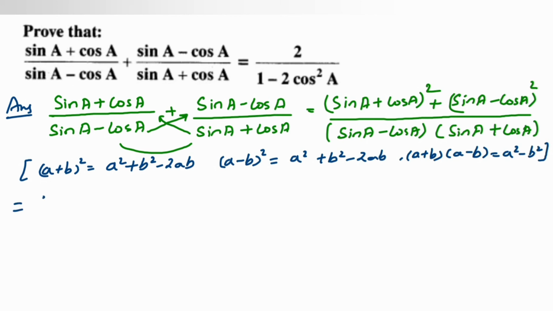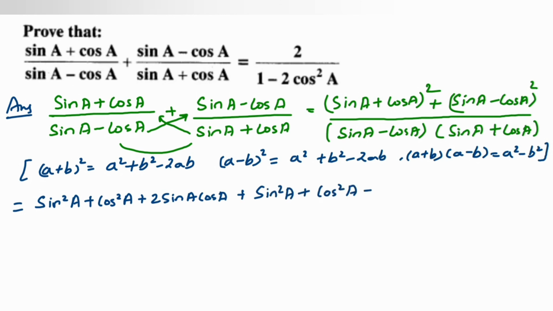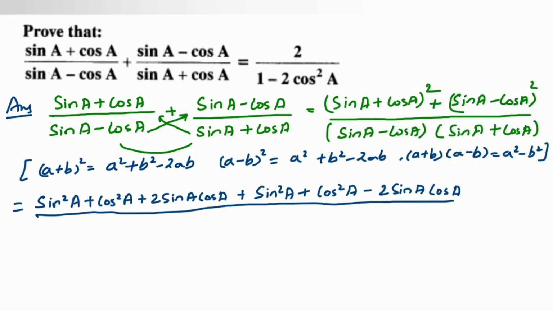So we'll get sin square A plus cos square A plus 2ab, so 2 sin A cos A. Then next one we have a minus b whole square, like sin A minus cos A. So we'll get again sin square A plus cos square A minus 2ab, so 2 sin A cos A, upon, so we have like a minus b into a plus b.